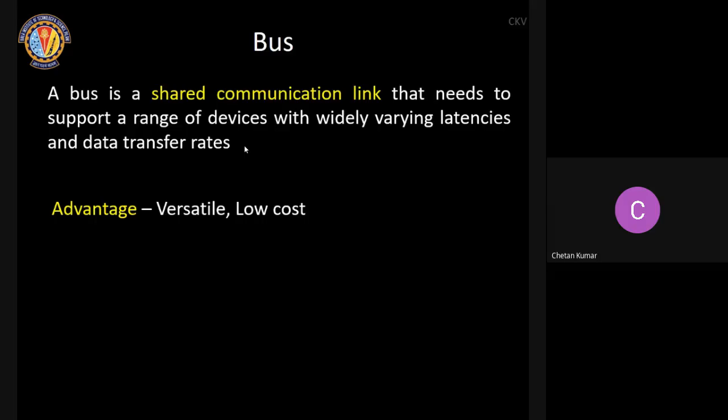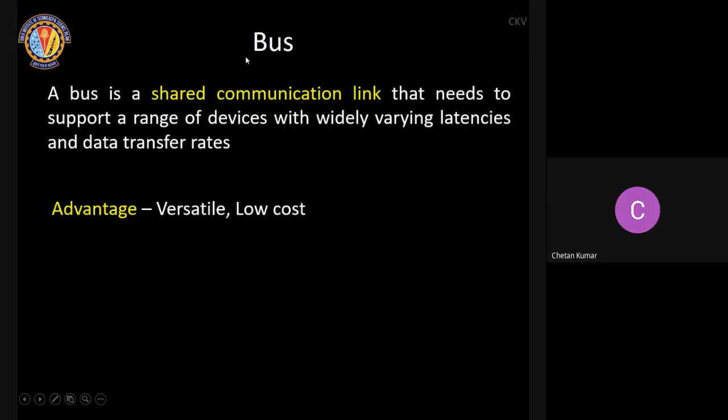Then the master will send the data, and the slave will send an acknowledgement saying that it has received the data, and then the master will know that the data has been received. So some kind of rules should be there. It's not just a connection. It's a connection of wires where the communication happens based on certain rules. That is what we call a bus.